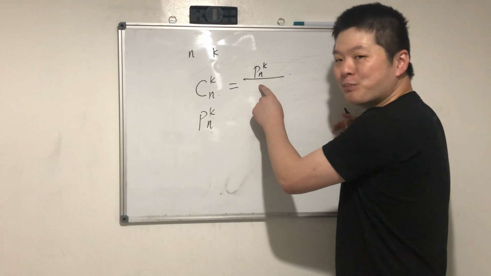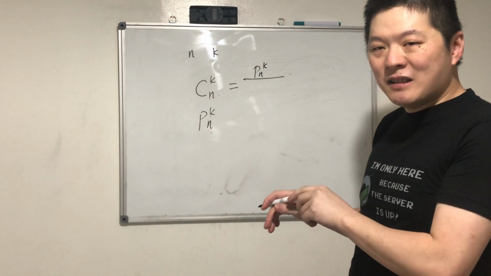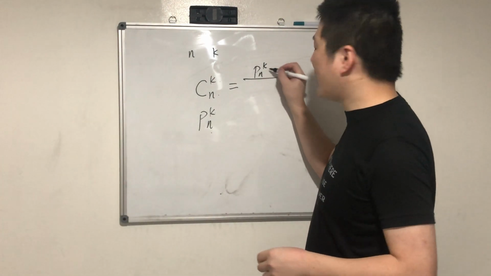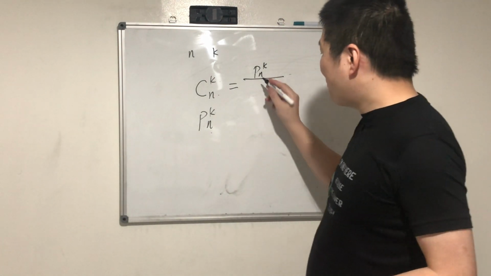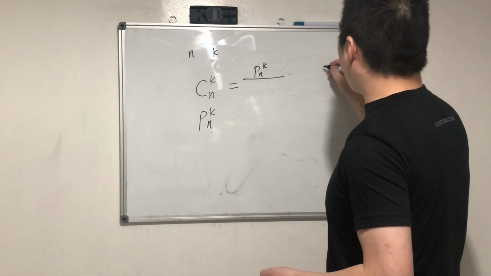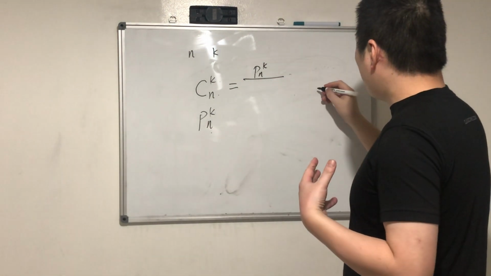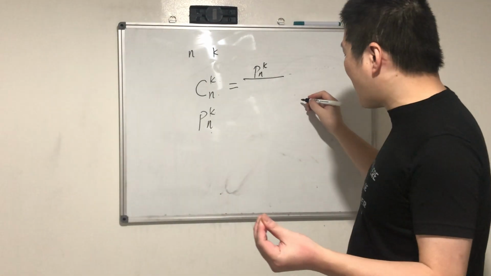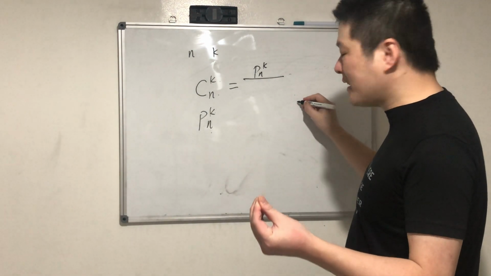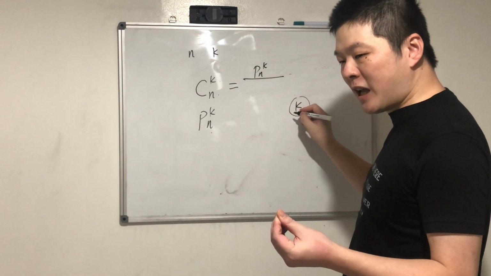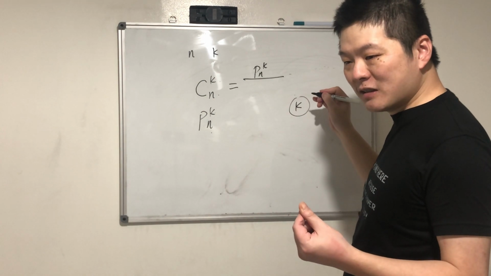So I have to divide it by what? I have k. C n k. Look, I have how many ways of k items with orders, k permutations with orders.